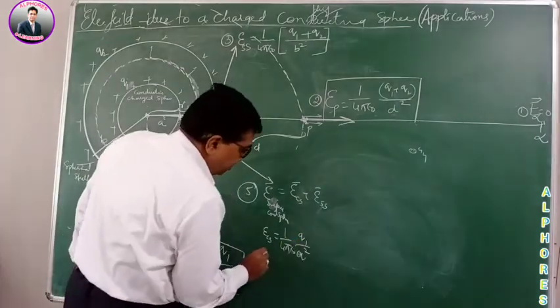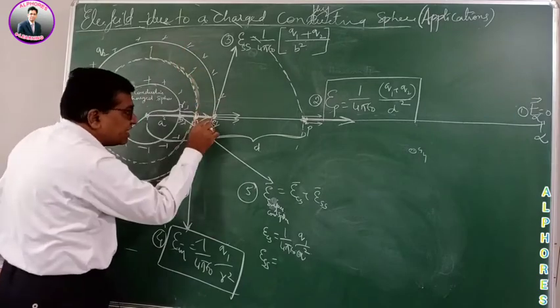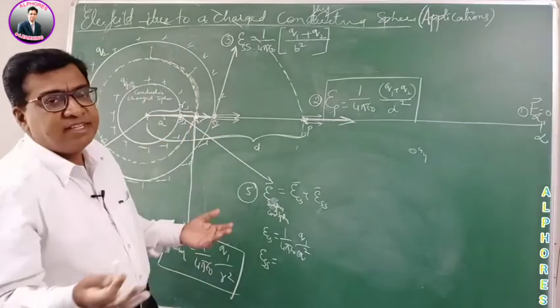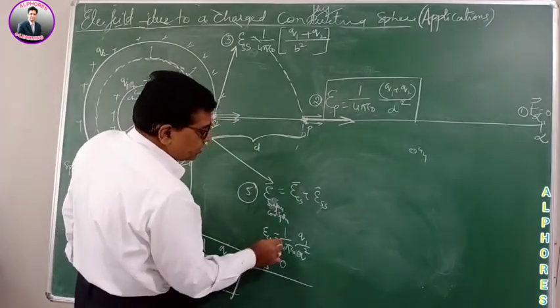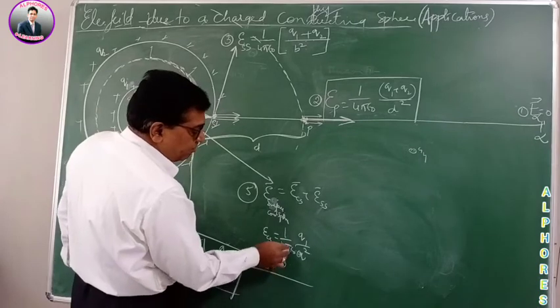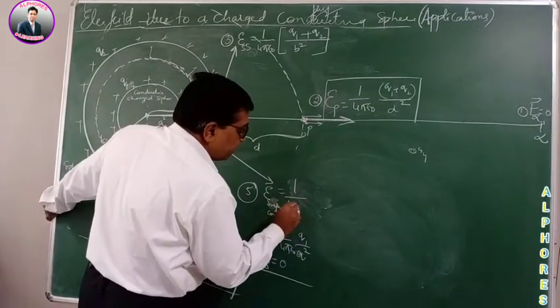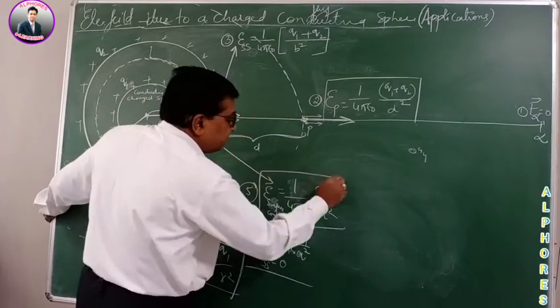Now the electric field due to the spherical shell. This fifth point is inside the spherical shell. Inside the spherical shell, the field is 0. So the field due to the spherical shell is 0. So the total field, adding both, is 1 by 4 pi epsilon naught, Q1 by A square.